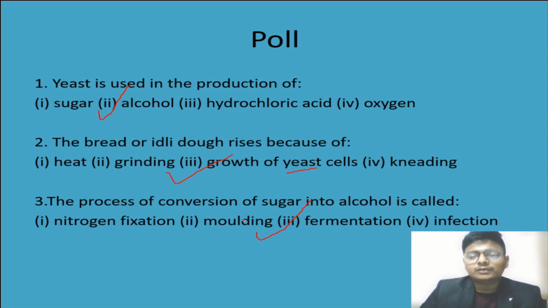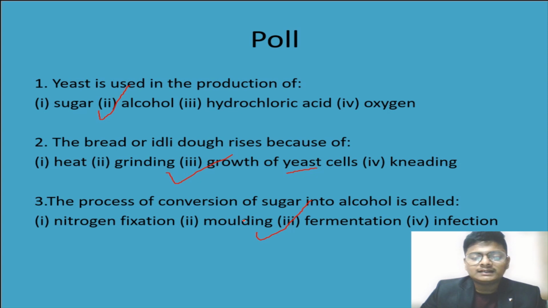Then we talked about protozoa, which cause diseases like dysentery or malaria. And the last one, which does not come in this category, was virus, which causes cold, flu, chickenpox, polio, and COVID, which we are suffering from just now.